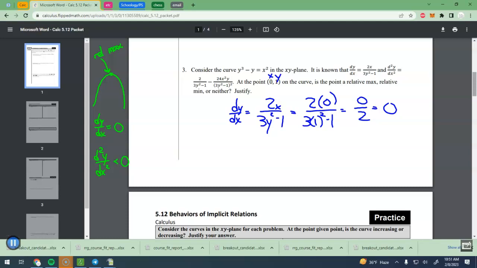Let's check the second derivative. You can very easily check if I understand what's going on without giving me 15,000 things to plug into. Sorry, I'll stop. So I'm going to plug in.